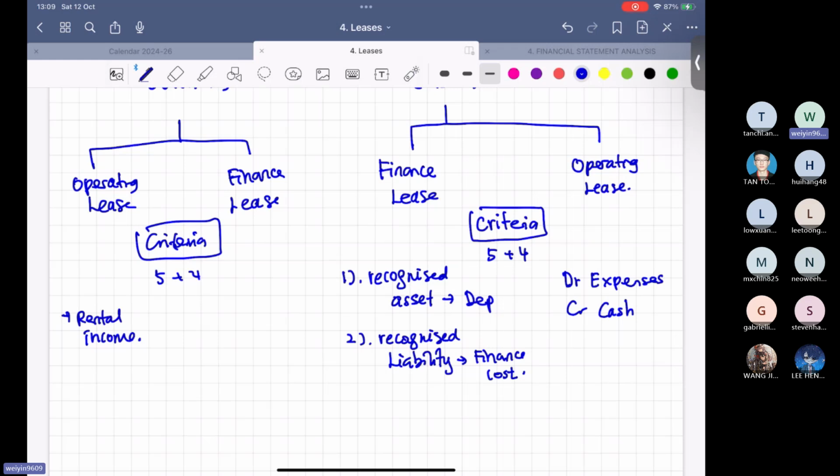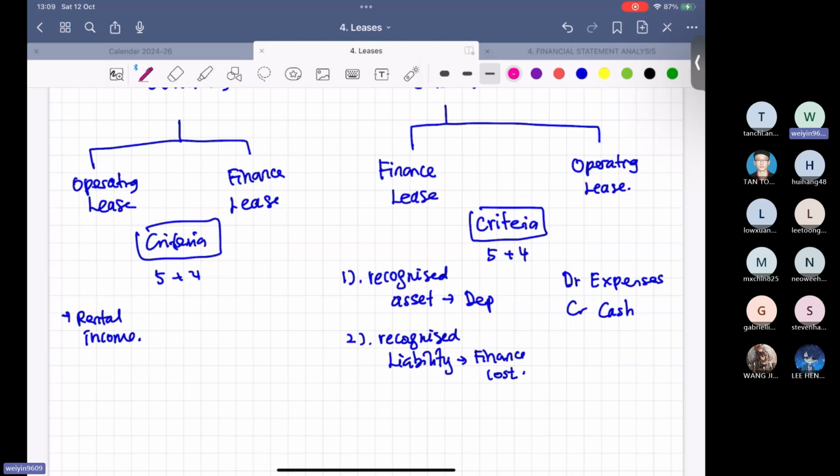Most of the problems come from the lessee. The lessor has no problem because the asset belongs to them, so for them to recognize the asset is still okay. But problems come to the lessee, because the standard allowed them to choose whether it is a finance lease or operating lease. And as an accountant, if it is a finance lease, I need to do so many things: recognize the asset, then do the depreciation, liability, and finance cost.